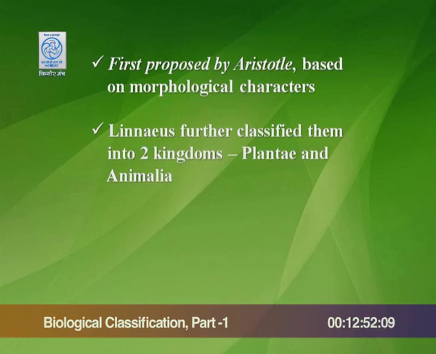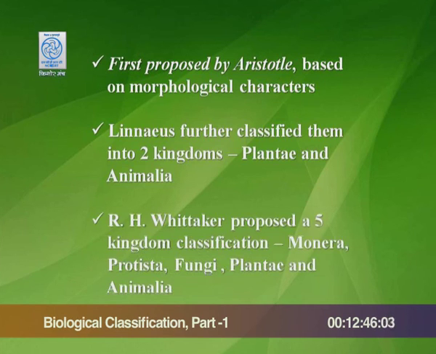Linnaeus further classified them into two kingdoms, Plantae and Animalia. R. H. Whittaker proposed a 5-kingdom classification: Monera, Protista, Fungi, Plantae, Animalia. We will be discussing these kingdoms one by one.